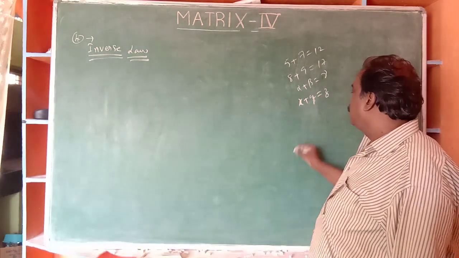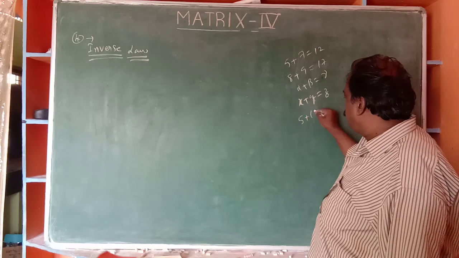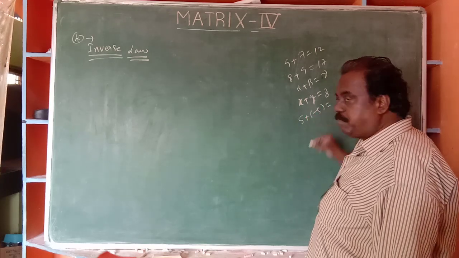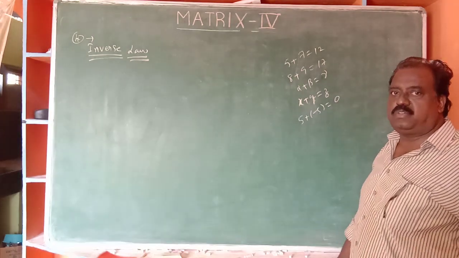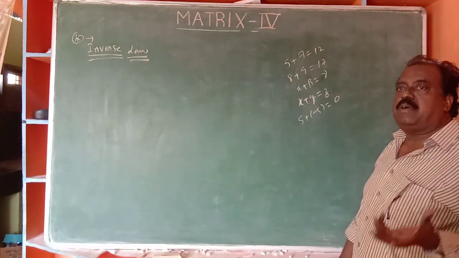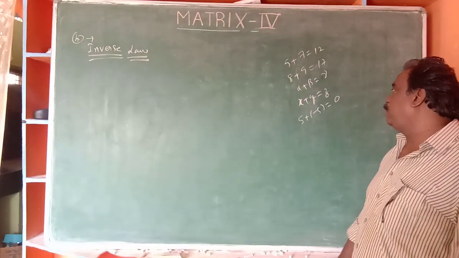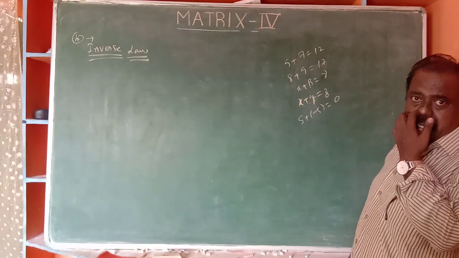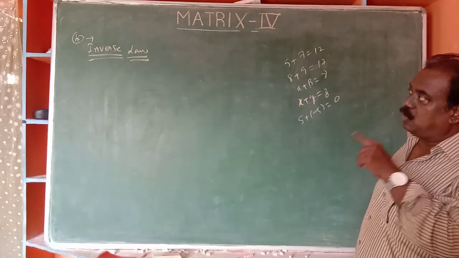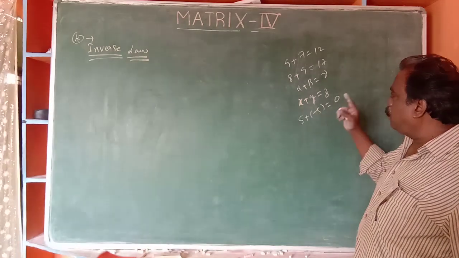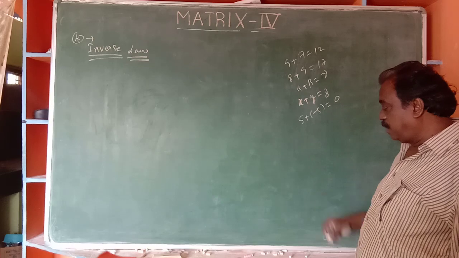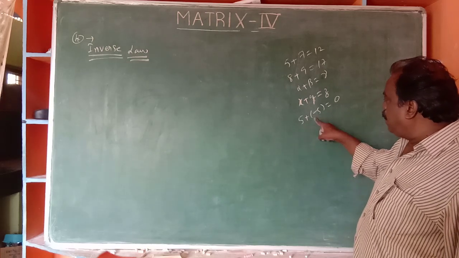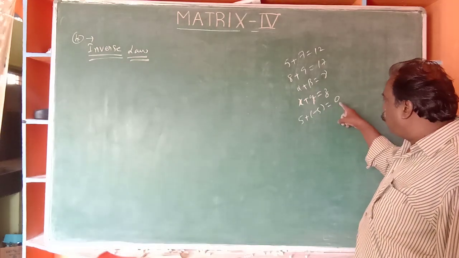But if the sum of two numbers is 0, then the inverse law, the additive inverse, is applied. Here it is satisfied. You see, 5 plus minus 5 is equal to 0.